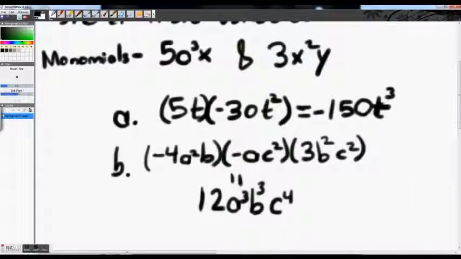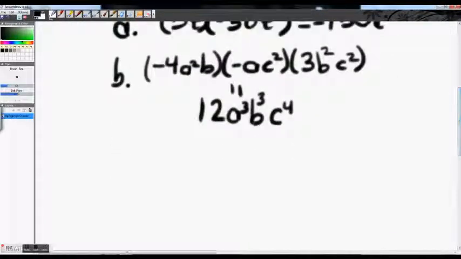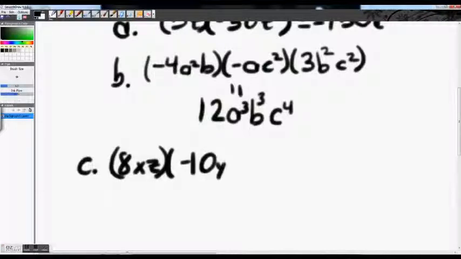Okay. It's not that hard. Now, let's try one more. Let's simplify 8xz times negative 10y times negative 2yz squared.